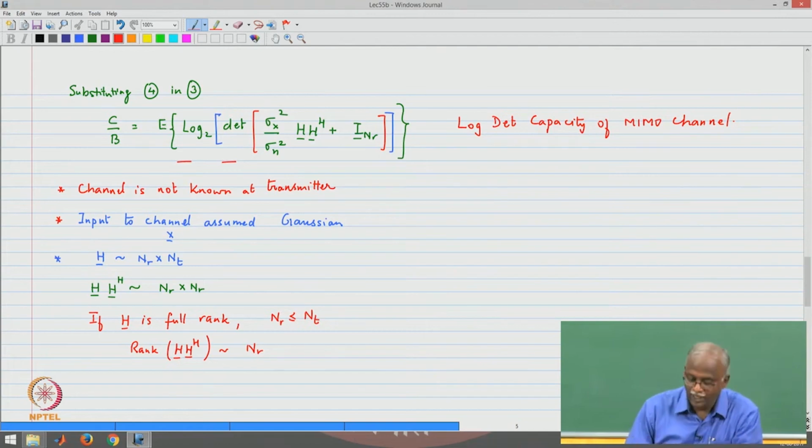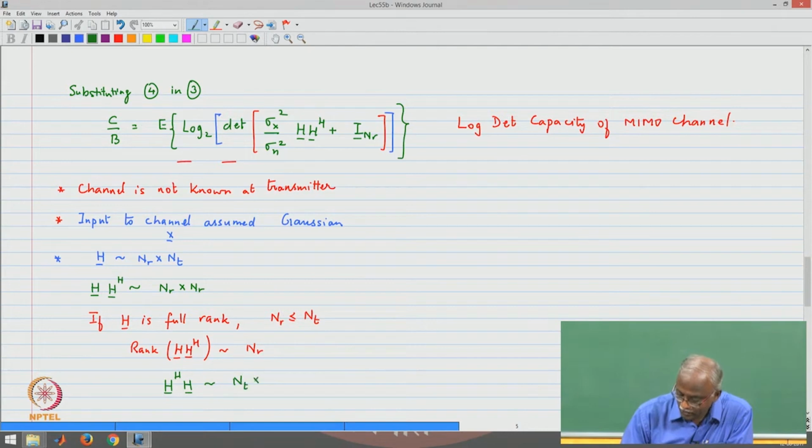the rank of H. On the other hand, if you were to look at H Hermitian times H, this would have dimensions NT cross NT, right. H has NR cross NT, so H Hermitian would be NT cross NR.